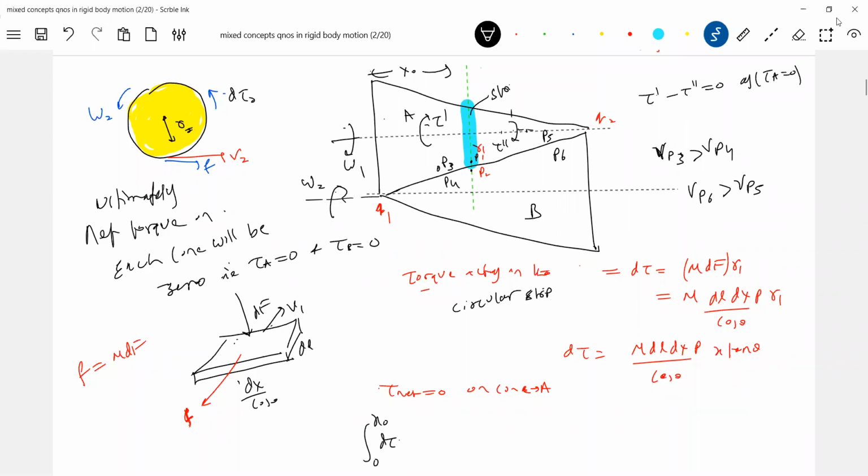It is the point where the velocity of point P1 becomes equal to the velocity of the other point. And when there is no relative motion, definitely friction will not act. Only at one point on the cones will friction not be acting. And what is that distance? X naught, I'll put it here.